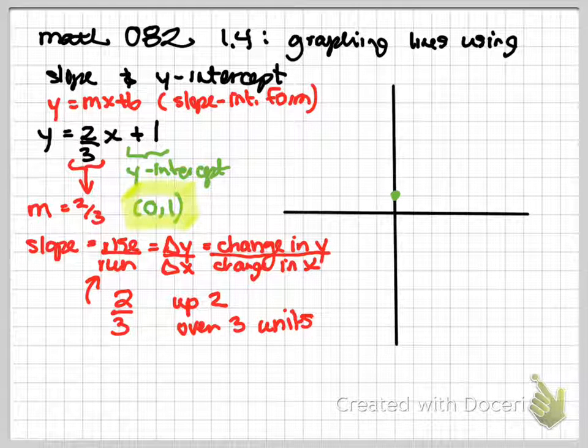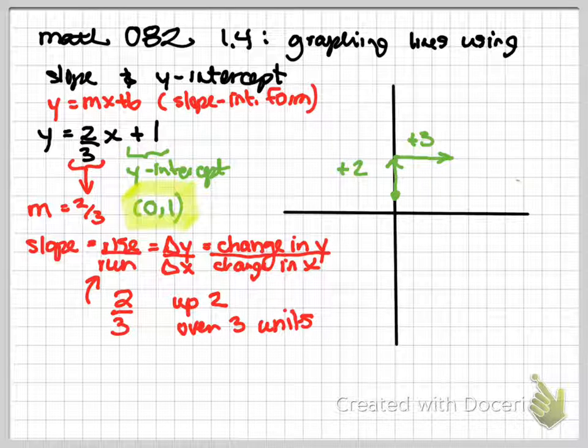I guess technically you could do it in any order. We usually do the y first and then the x, but it's going to get you to the same location either way. So I'm going to go up 2 units, like that. That's a +2. And then I'm going to go over 3 units. That's +3. That's going to land me right here.